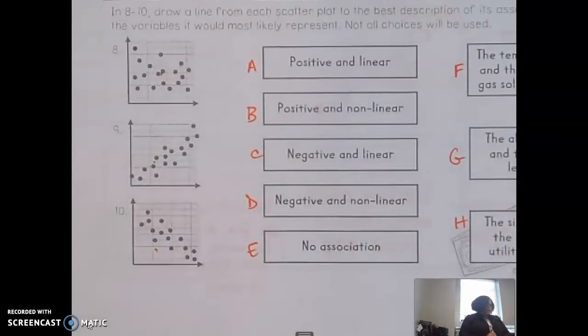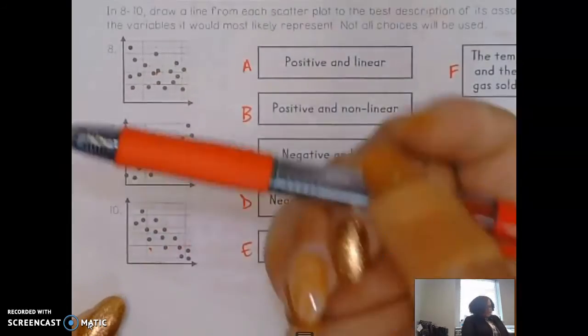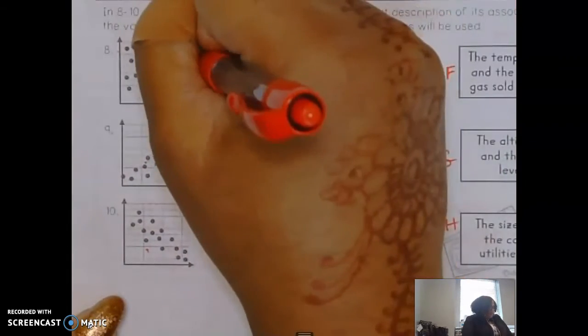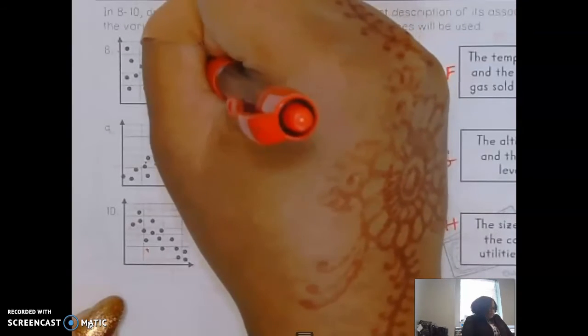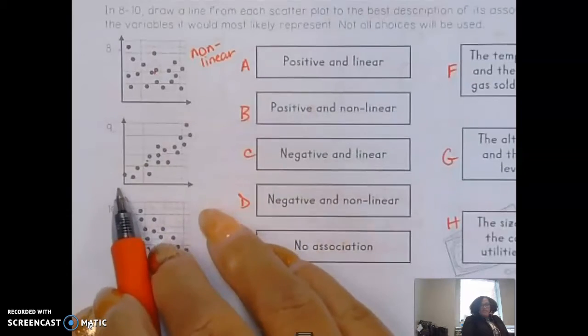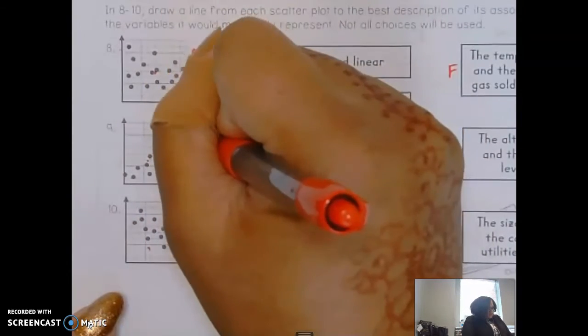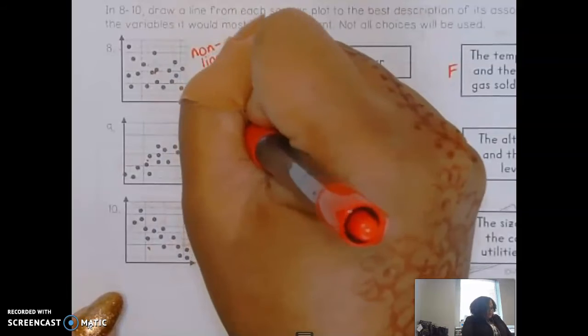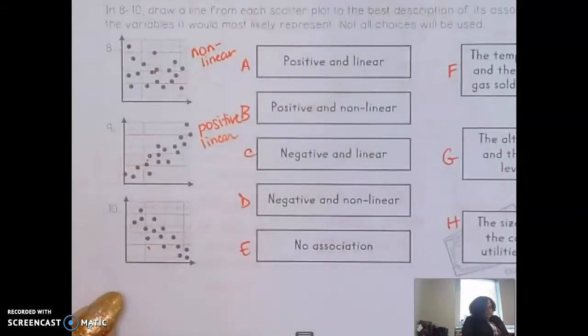All right, so this doesn't really have an association, so I'm going to talk about that before I look at my answers. So nonlinear. And this tends to go up. So this tends to be positive and linear.